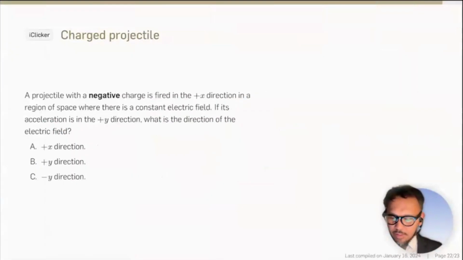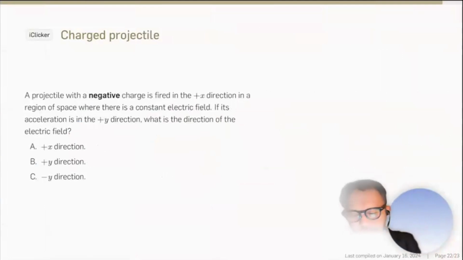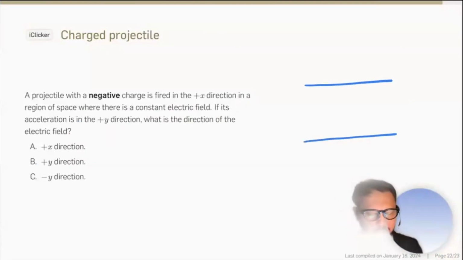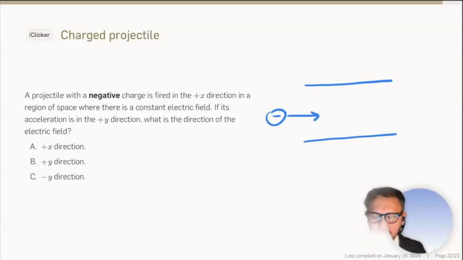Okay. I think this is the second from last slide. So in this one, let's say we have a uniform field. A projectile with a negative charge is fired in the x direction in a region of space where there is a constant electric field.